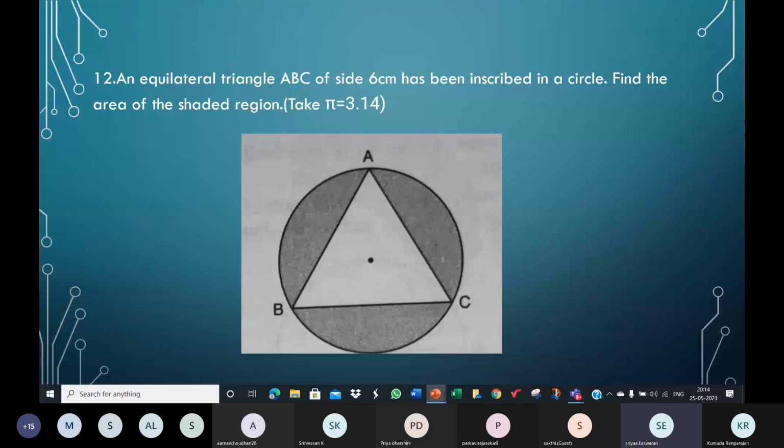Ma'am, 2√3. Same thing, 2√3. Which method have you used? Which method, meaning how have you got this value 2√3? Ma'am, using the altitude. Using the altitude, meaning using the ratio 2:1, is it?